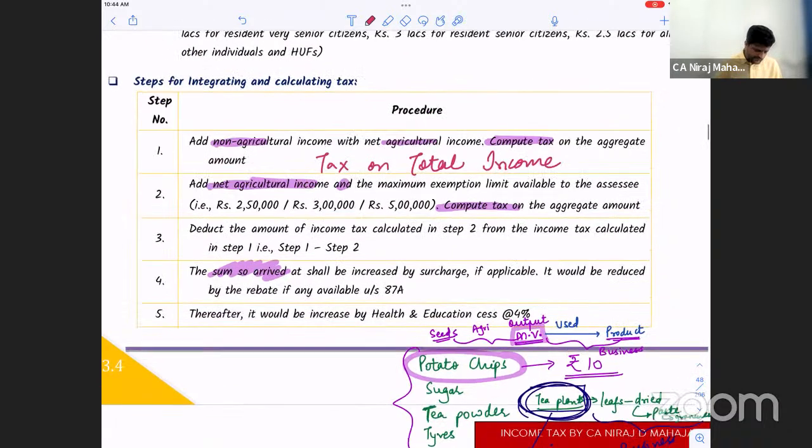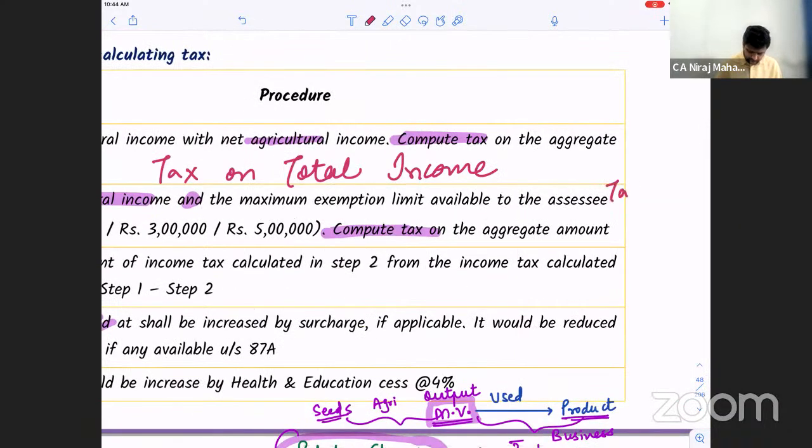Second step, tax on agri plus BEL, the basic exemption limit. That's it. Then 1 minus 2, and on that you either add surcharge, reduce rebate, or do nothing.